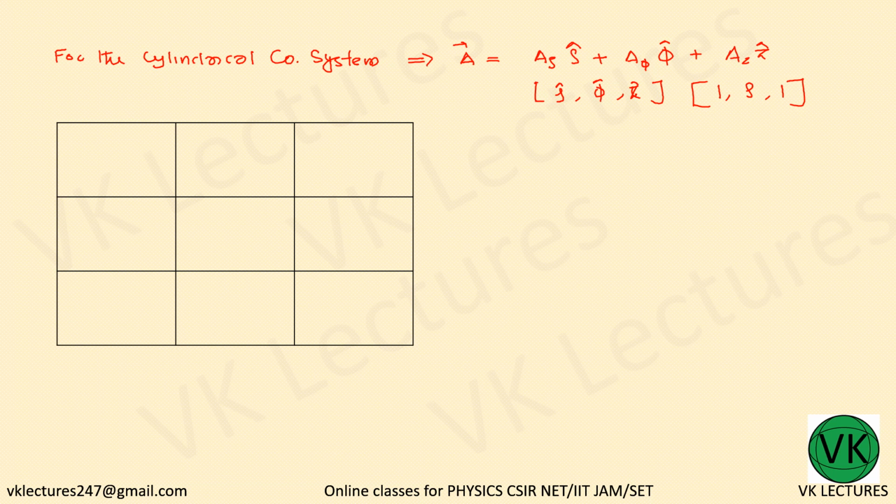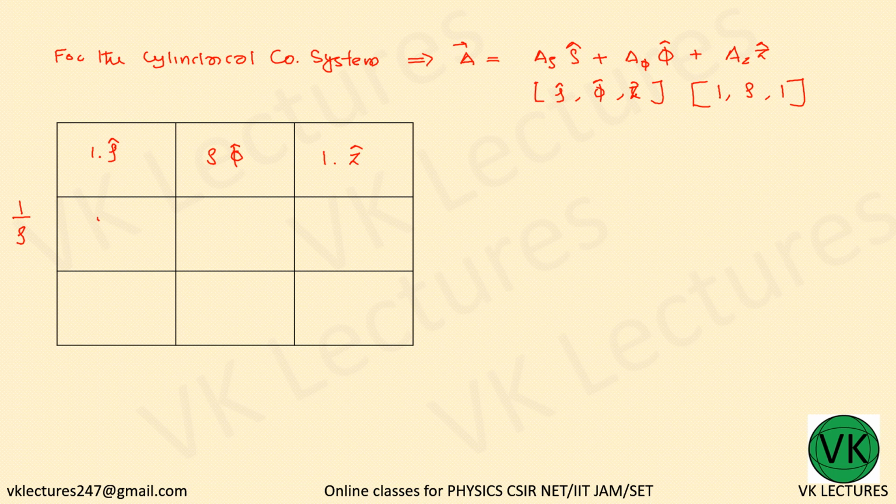Now what is the formula? 1 by rho into the determinant: h1 into rho cap, that is 1 into rho cap, h2 into phi cap, that is rho into phi cap, then again 1 into z cap.